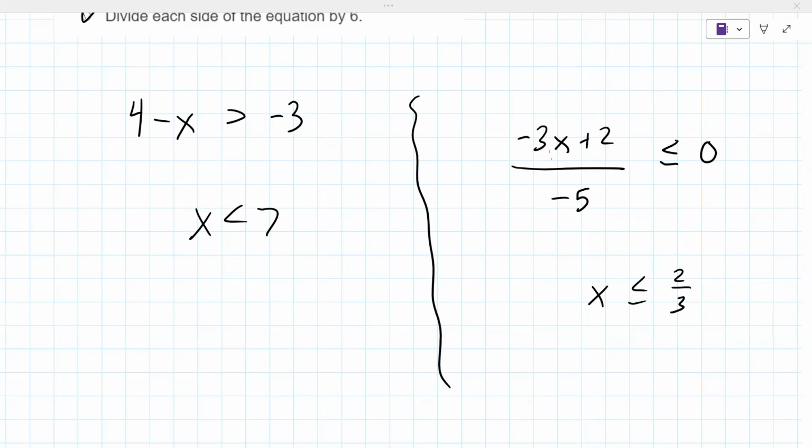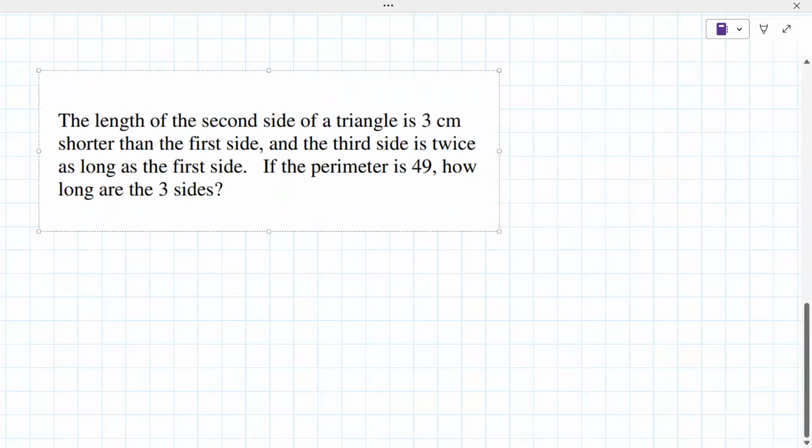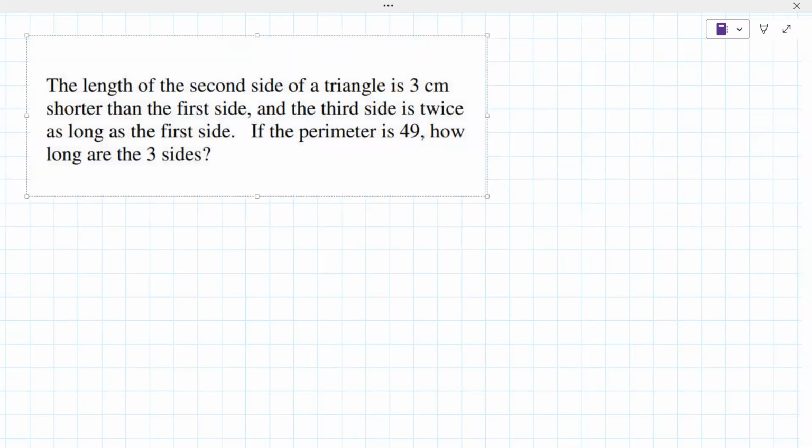Have you done any sort of triangle problems? These might be too difficult. That's why I'm not sure what to throw at you. So that's one of the problems on there. The length of the second side is just a bunch more variables. It appears that way, but actually there is only one variable in this problem.